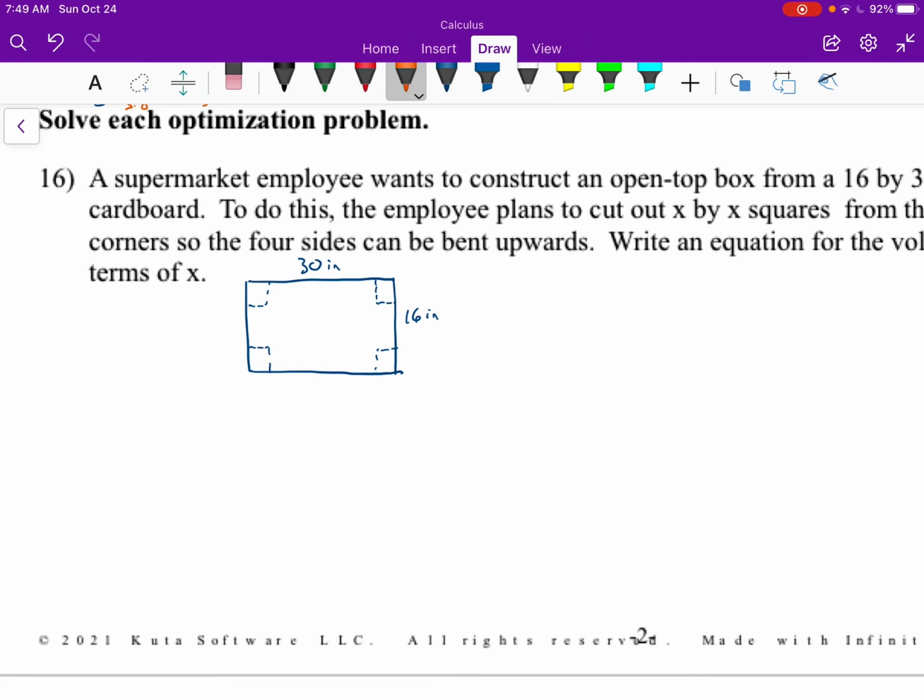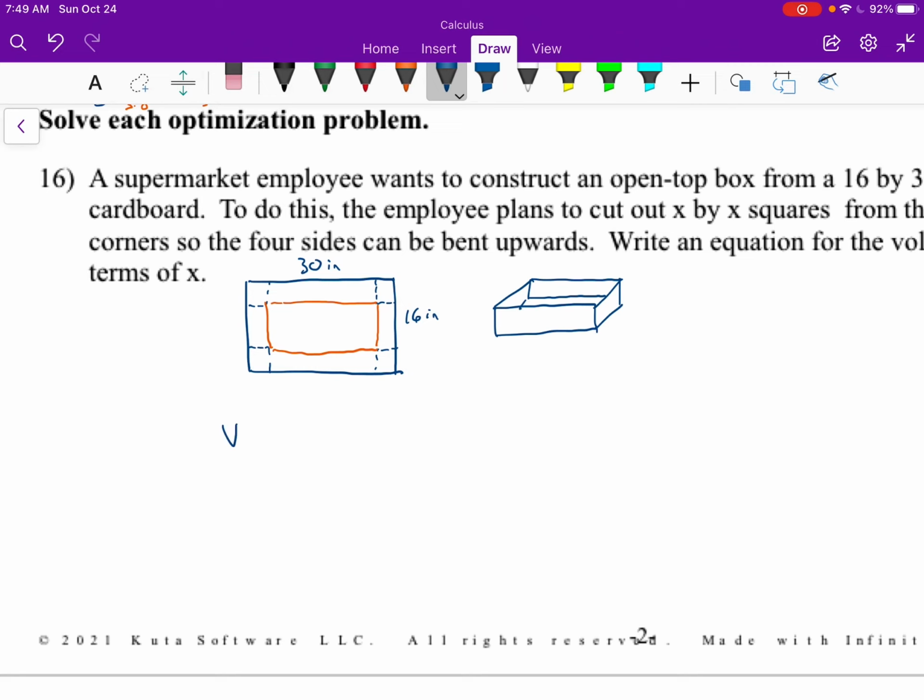Once you cut out these squares, you would end up folding up on these orange lines, and you'll end up with a little box. So we want to figure out the volume of that box.